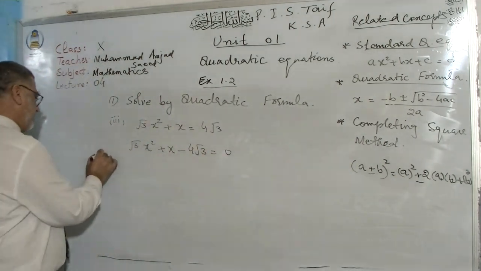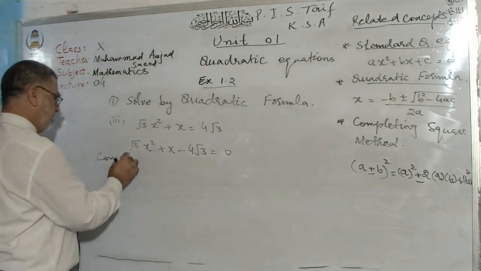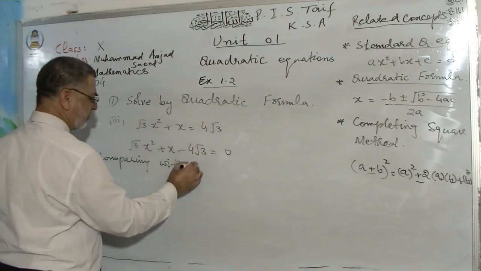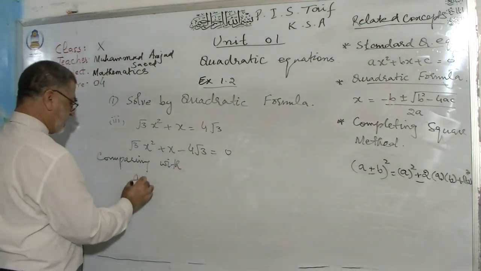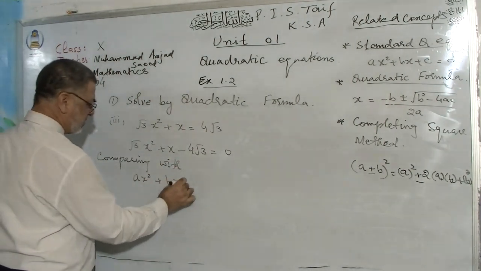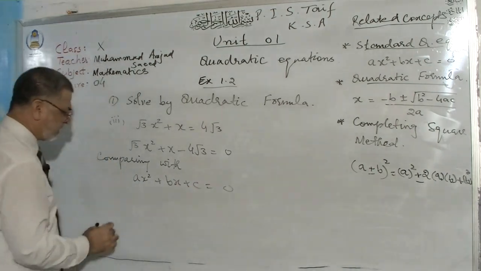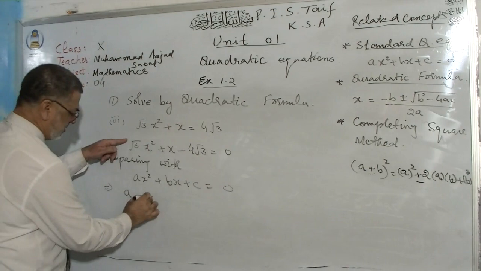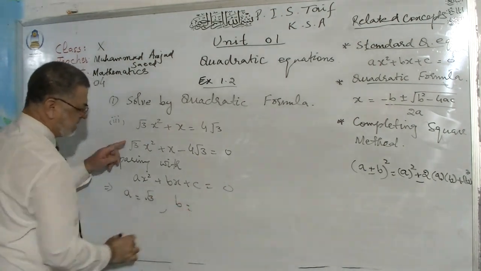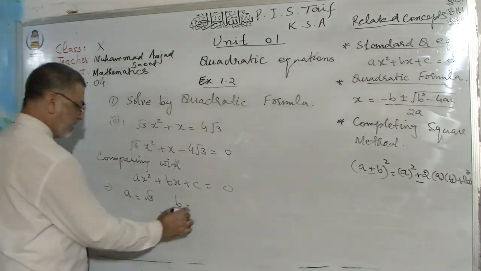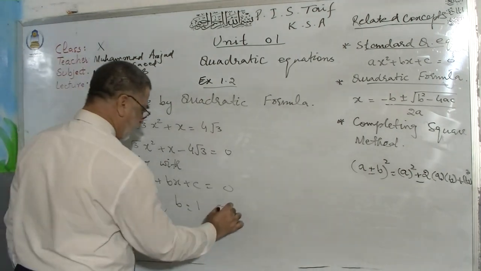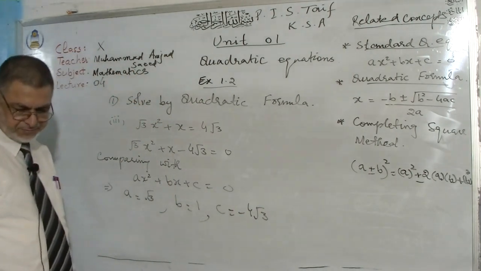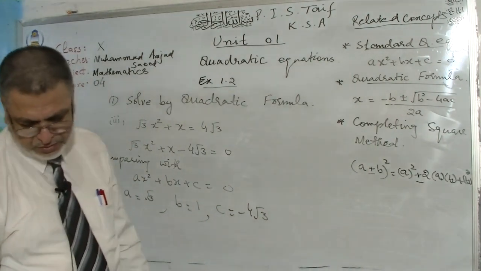Comparing with standard quadratic equation, ax square plus bx plus c is equal to 0. What about a? A is root 3 and b is nothing written, so it is 1, and c is minus 4 into root 3.